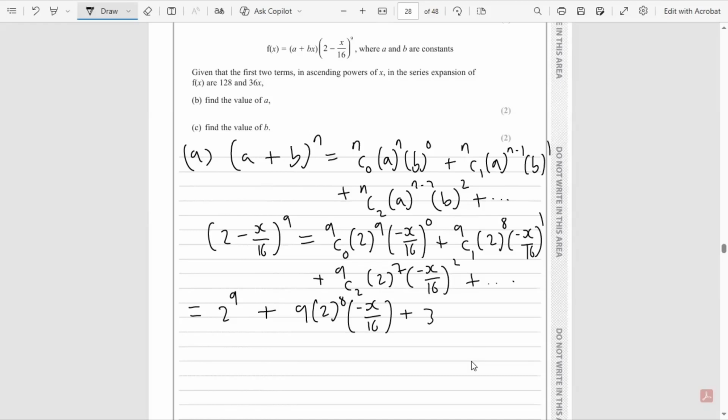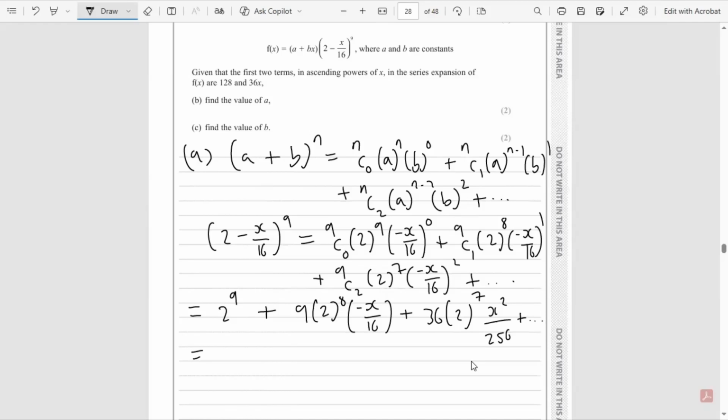So 36 times 2 to the power of 7, and then we have minus x over 16 squared. Now, when you square a negative number, of course, that becomes positive. So this is basically going to be x squared over 16 squared. So in other words, x squared over 256, and then again, plus dot dot dot.